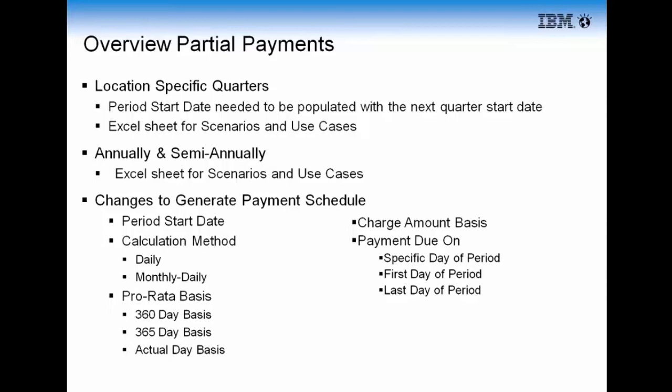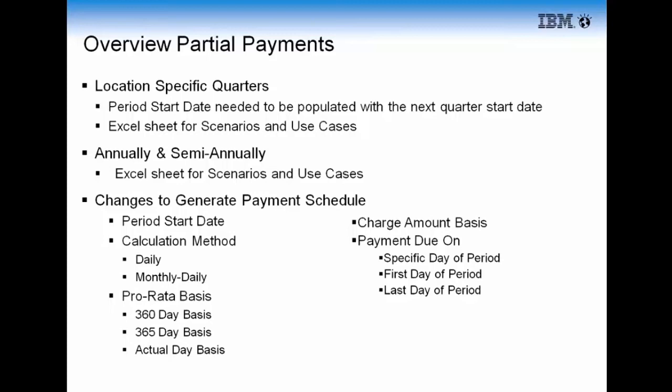So, changes in the general payment schedule wizard. For these frequencies, we all needed the period start date to calculate the partials. And for those people who are familiar with our partial payments, the general payment schedule wizard had a calculation method, daily or monthly, same as the pro rata basis.